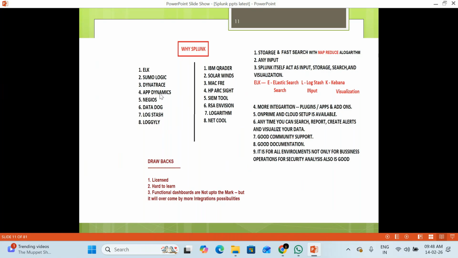ELK can do some log monitoring as well as SOC analysis. Dynatrace is application monitoring only. But Splunk can support everything, and it is an alternative for every other tool. Understand? Now, if this is an alternative, why are we going with Splunk instead of other tools? This is the class today.